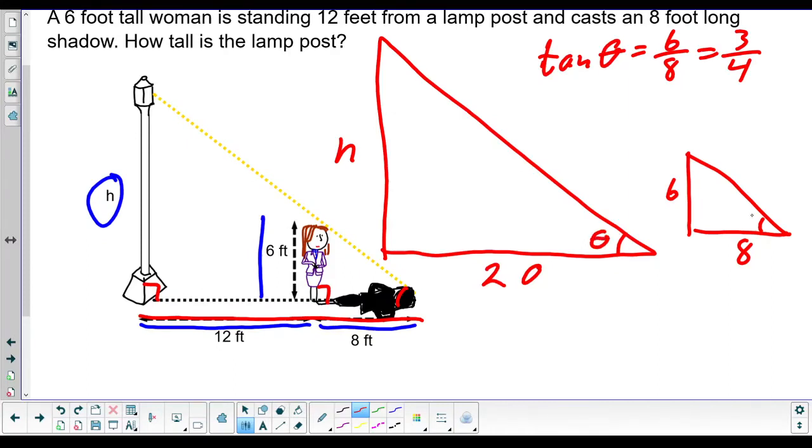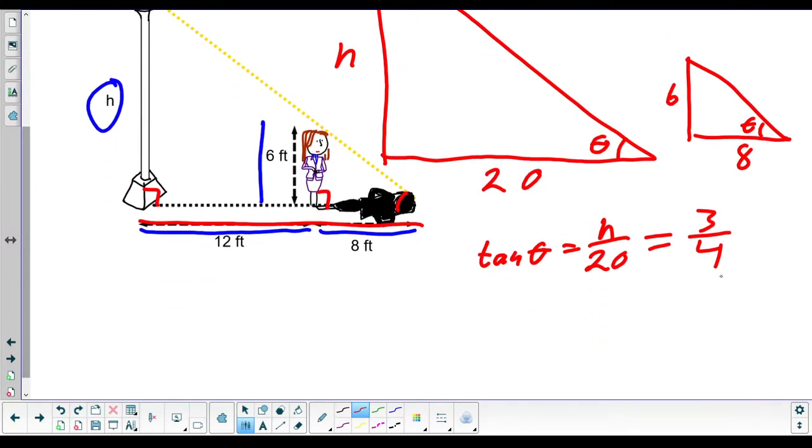Because this is the same angle as this, tangent of theta for this one is h over 20. Because it's tangent of the same theta, it should equal the same ratio, equals 3 over 4. All right. So now you can probably tell, because you just multiply 4 by 5 to get 20, so we multiply 3 by 5 to get h is 15 feet tall.